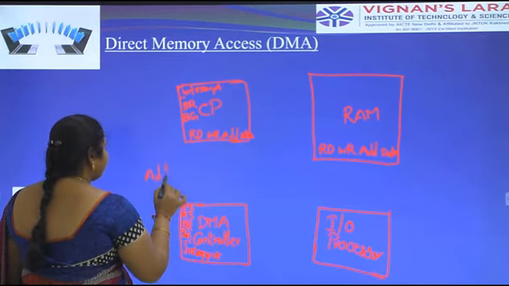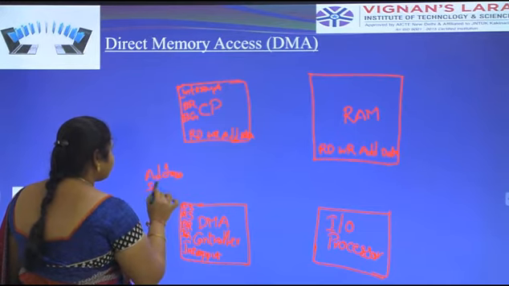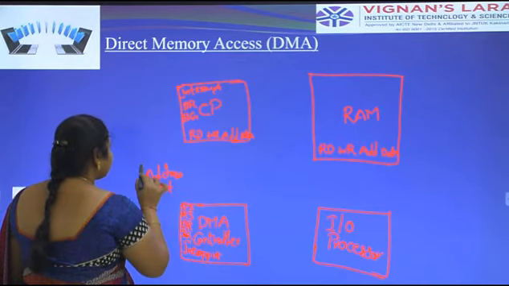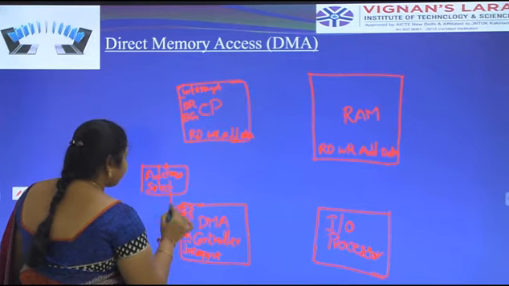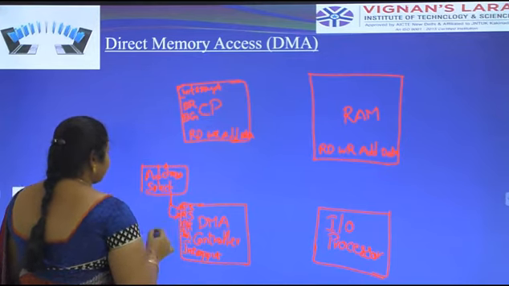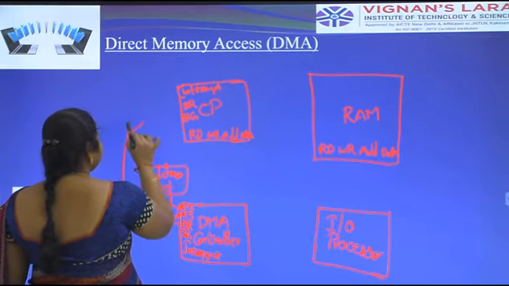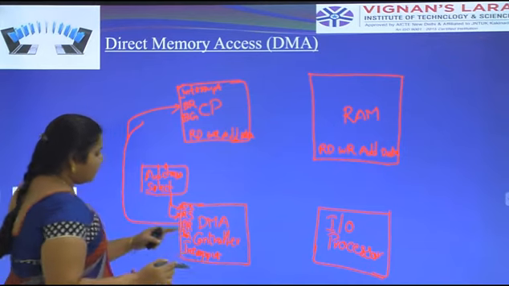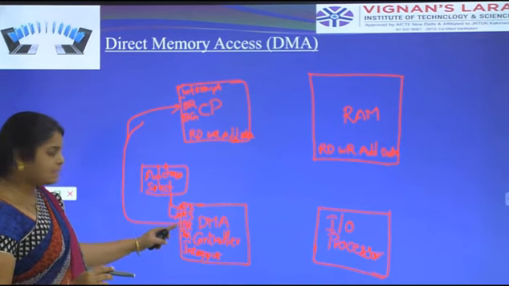Here address select. The data that can be transferred from here, the direct memory access controller has BR. BR means bus request.